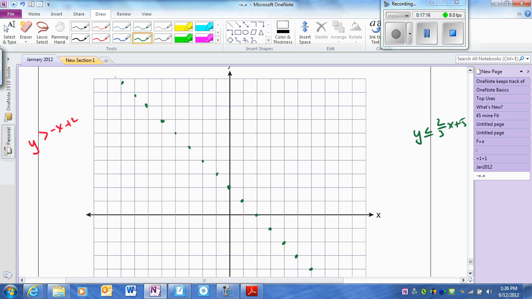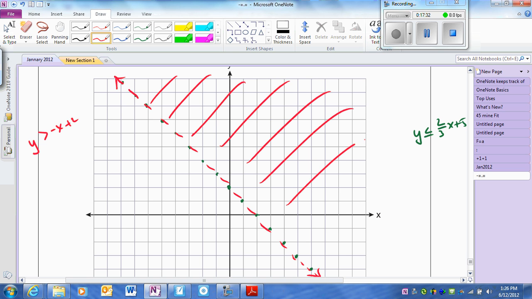It's a dotted line. I'll just show you. Red, dotted line. Since it's greater than, we shade above. Be neat. This one has a slope of 2/3 and a y-intercept of 5. 2, 3, 4, 5. Up 2 and over 3. Up 2, over 3.